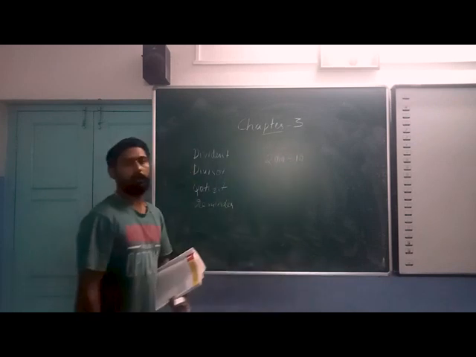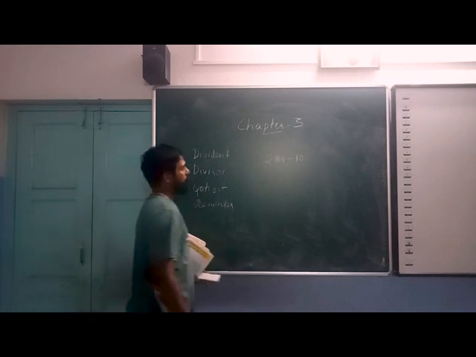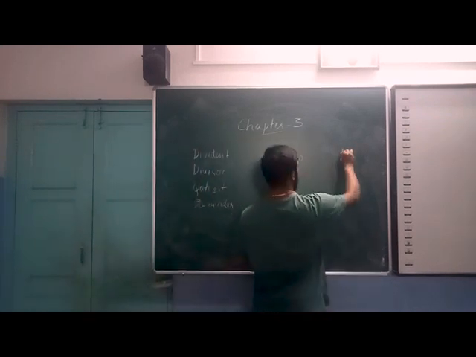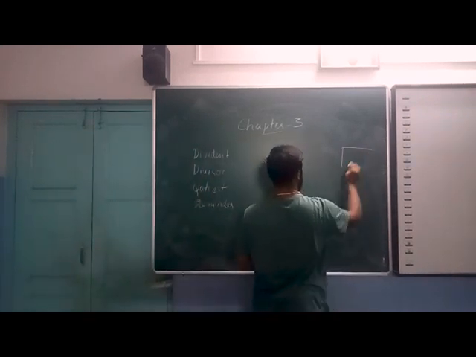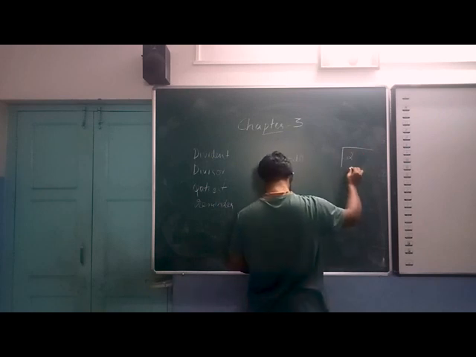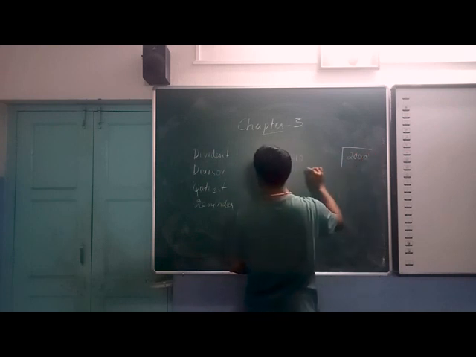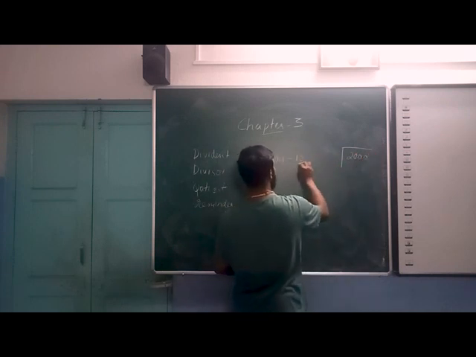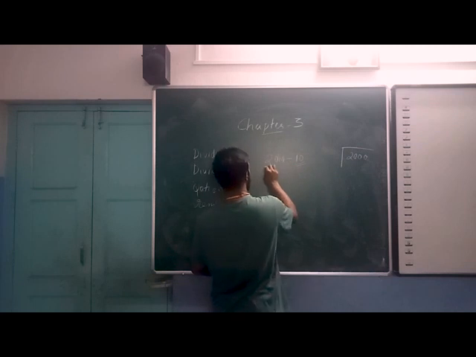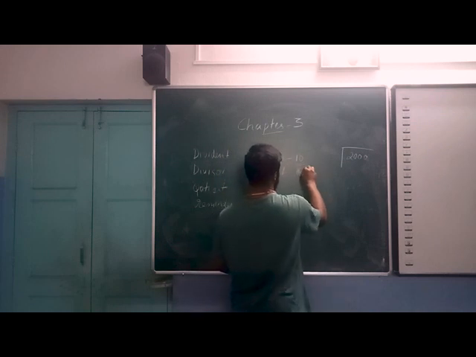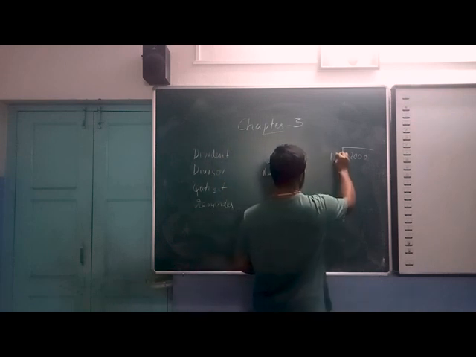So let us recall, how do we divide? First of all, we have to draw the table of division. Then write the divisor and dividend in it. What is the divisor here? This is the dividend. This is the divisor.